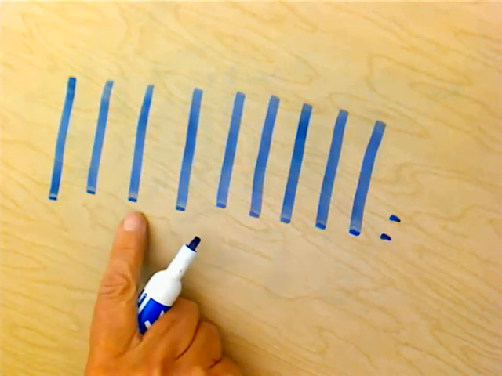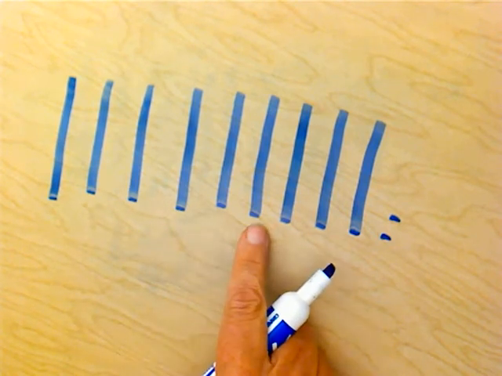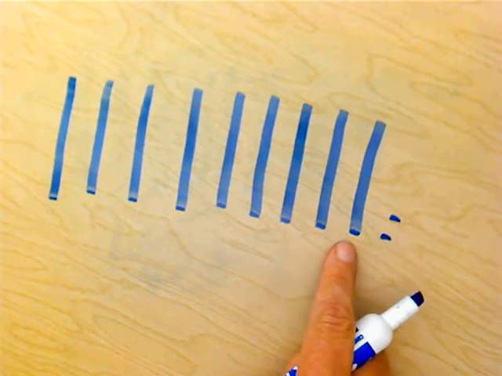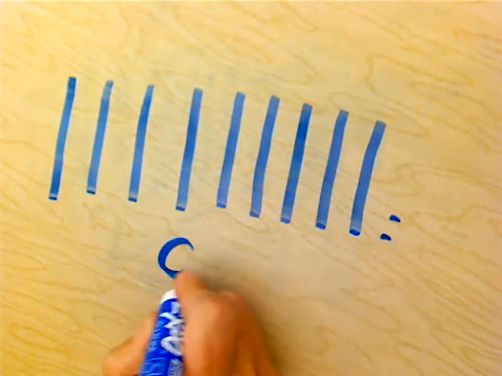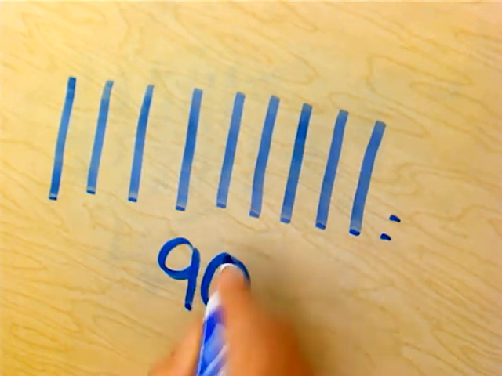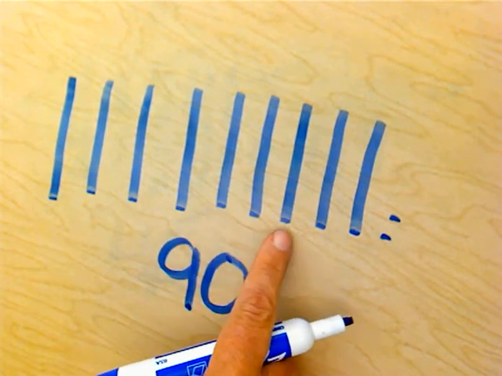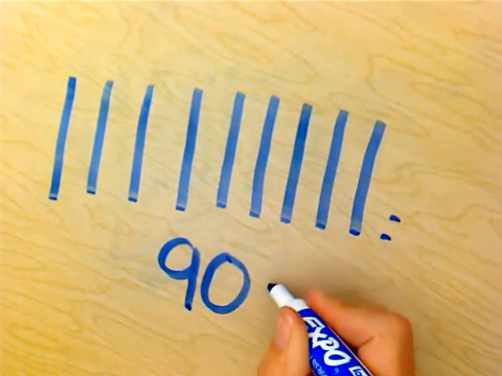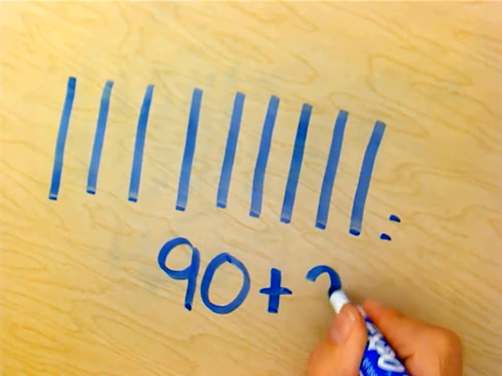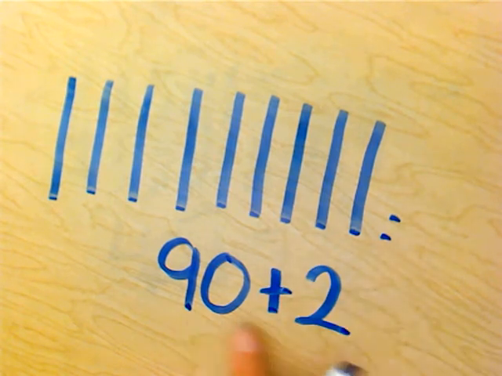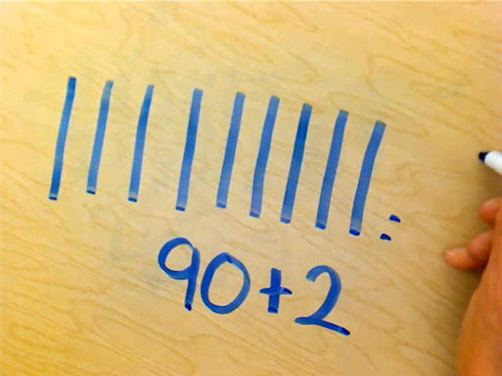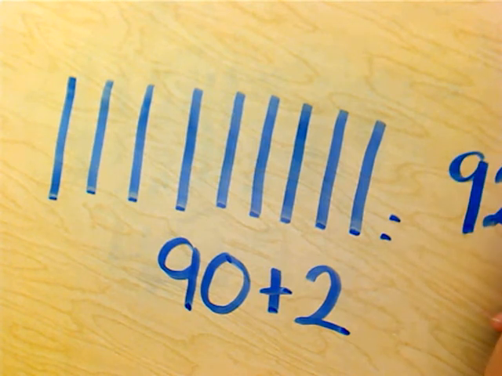1, 2, 3, 4, 5, 6, 7, 8, 9. That has a value of 90 because it's 10, 20, 30, 40, 50, 60, 70, 80, 90 plus, how many ones do I have? I have 2, so 90 plus 2 would be 92. How did you do?